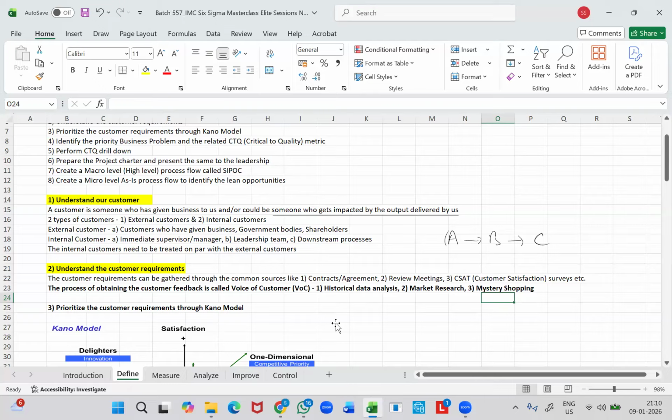So this consultant who is acting as a customer would be visiting the various sales outlets of that organization and would gather information from the sales team as to whether they are promoting the product in the right way or not, whether they are talking about all relevant features about that product or service, right? Whether they are covering all the important and critical pointers about the product or service is something the external consultant would gather through this mystery shopping exercise.